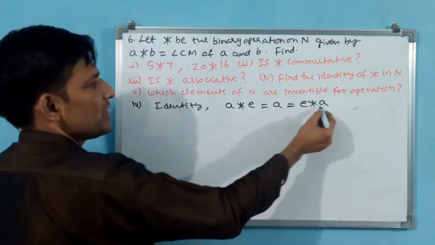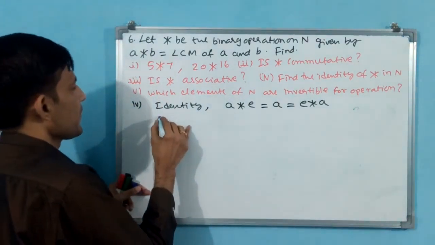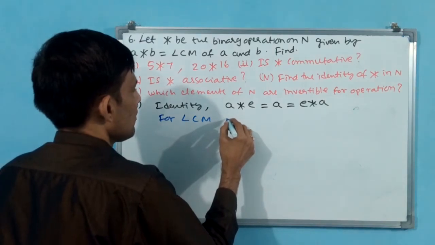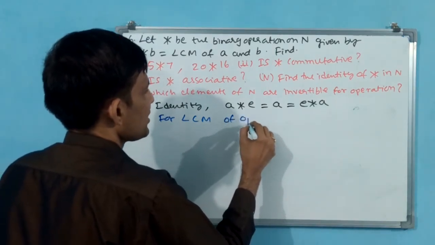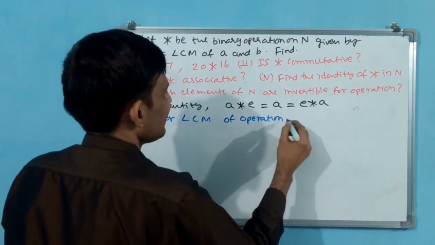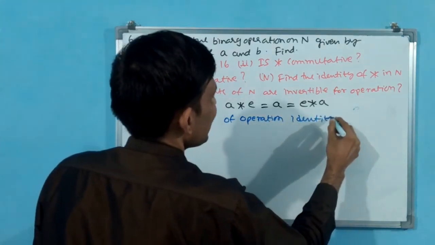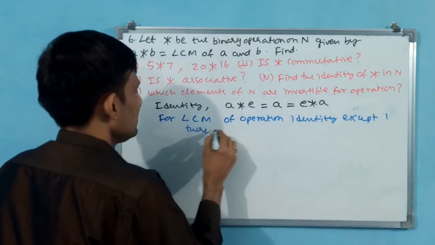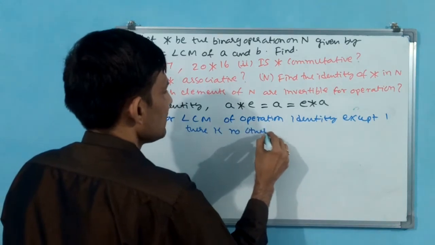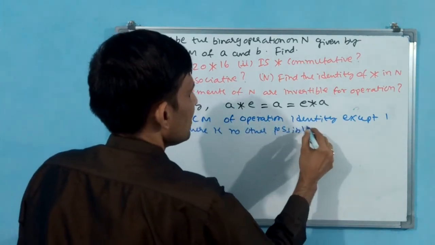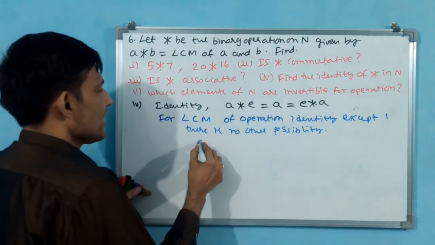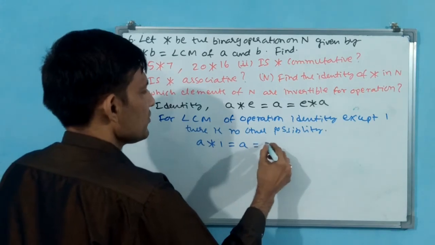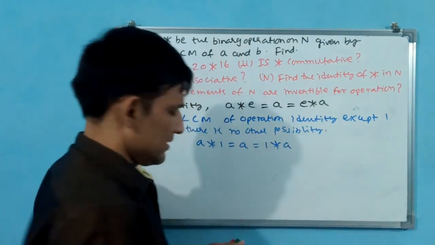Identity: A star E is equal to A, equal to E star A. For the LCM operation, identity except 1, there is no other possibility. You write like that, and A star 1 is equal to A, that is equal to 1 star A. This you write. That's all.